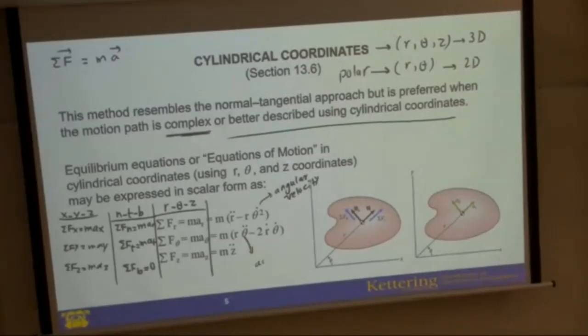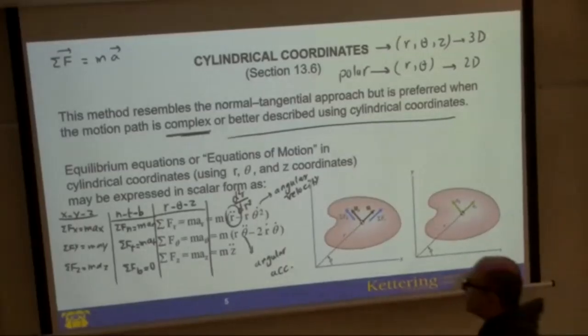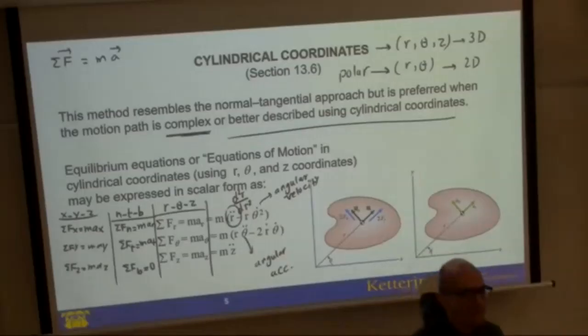Theta double dot is angular acceleration. And r double dot is the second derivative of r with respect to time. Now, question: what is r double dot called?